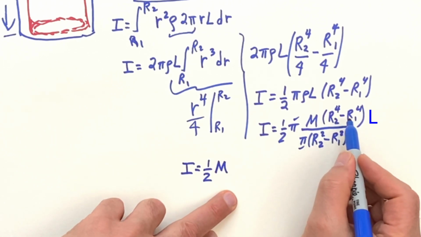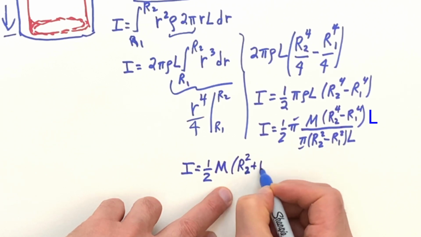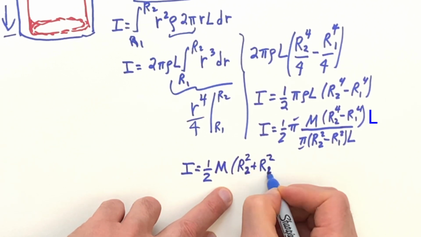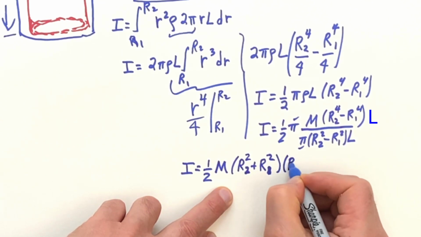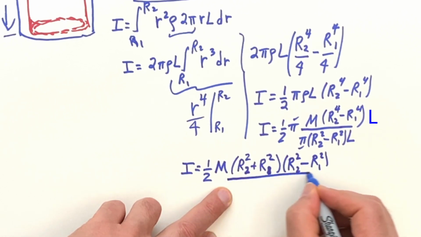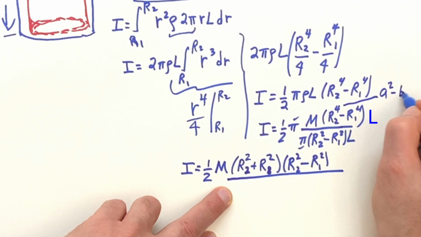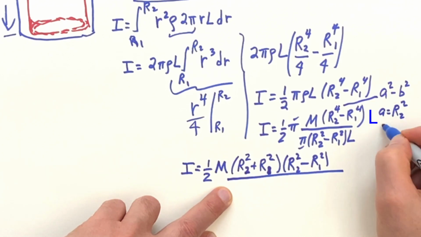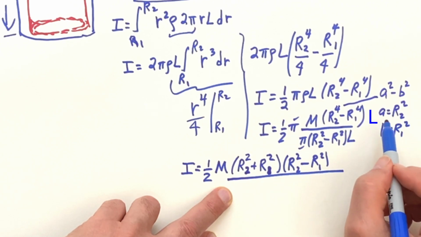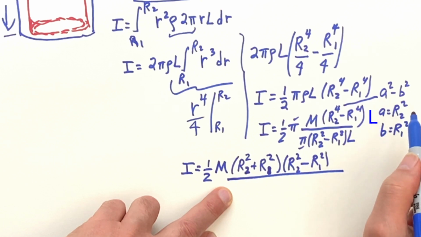Now we can write R2 to the 4th minus R1 to the 4th as R2 squared plus R1 squared times R2 squared minus R1 squared. In other words, we're looking at an A squared minus B squared, where A is R2 squared and B is R1 squared. Squaring A gives R2 to the 4th, and squaring B gives R1 to the 4th.